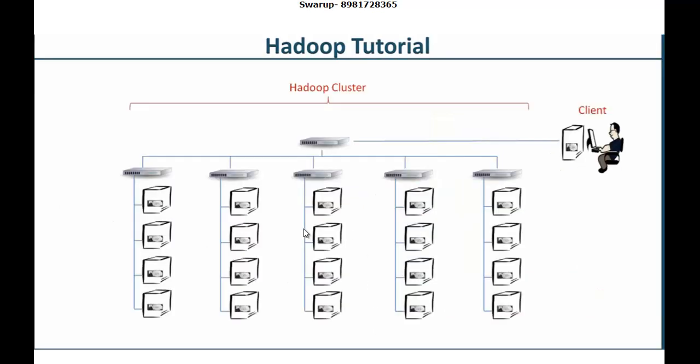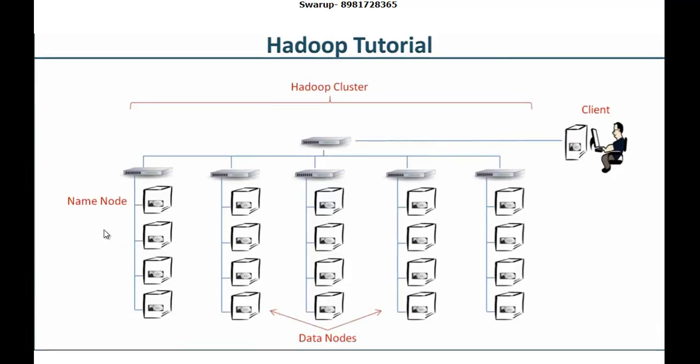Okay, we move to the next slide, and here we see that the previous network still exists, and this network is now within the clusters of Hadoop. Within these Hadoop clusters our data is going to be distributed, and that gives birth to two new terms: name node and data node. In every network there will be one computer considered the master, known as the name node, and that master has proper information about the systems present within the network.